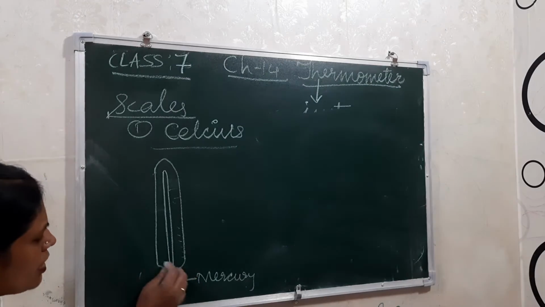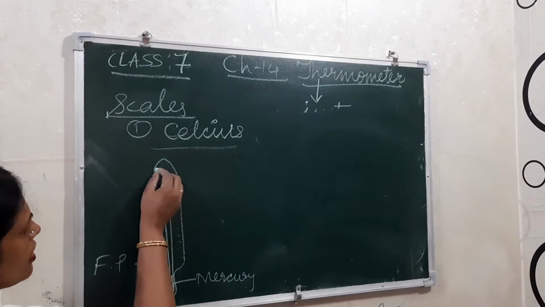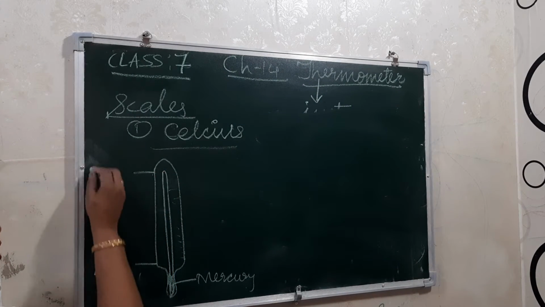Here this is the freezing point, and here it is the upper point, that is the boiling point.